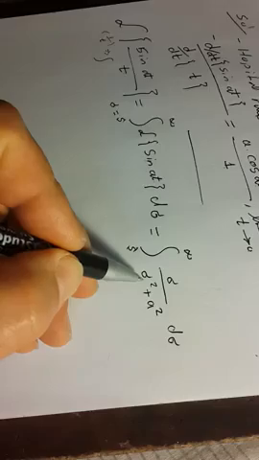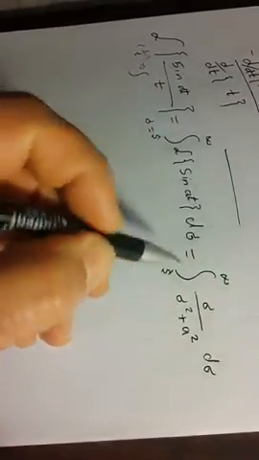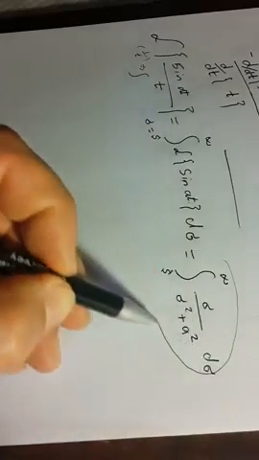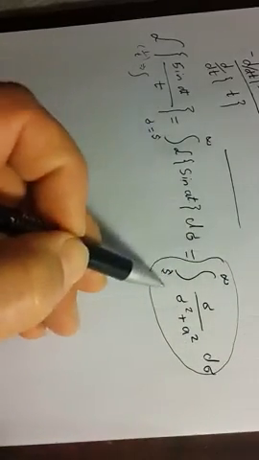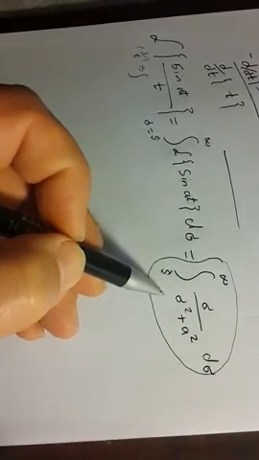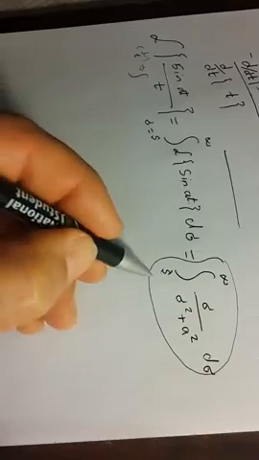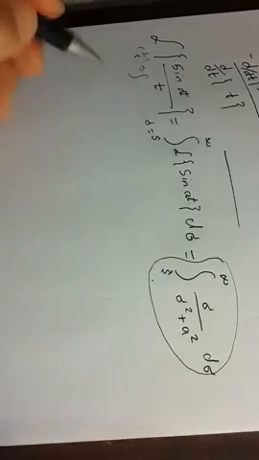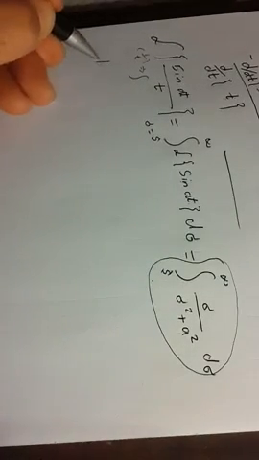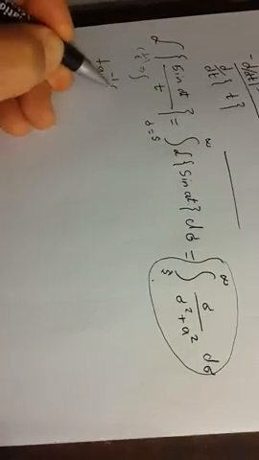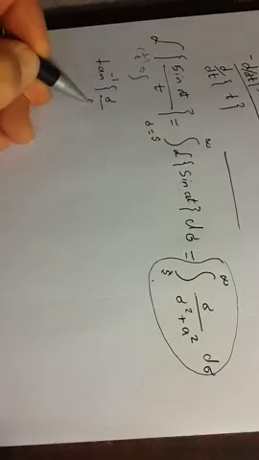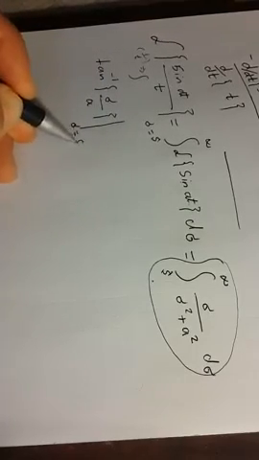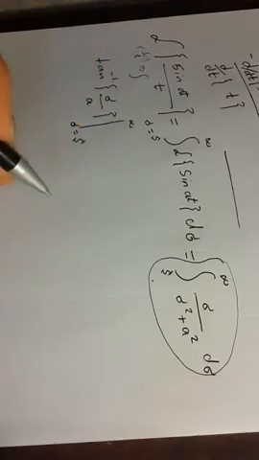And now the result of this integration is tan inverse of sigma over a, with the integration from s to infinity.